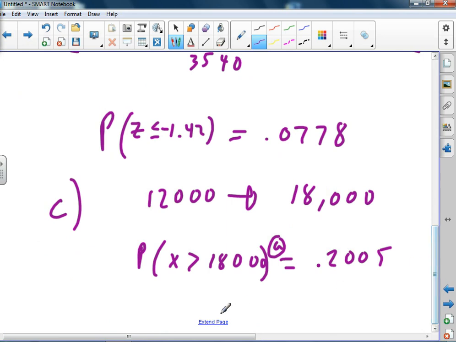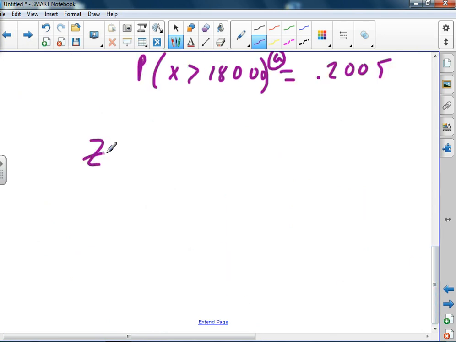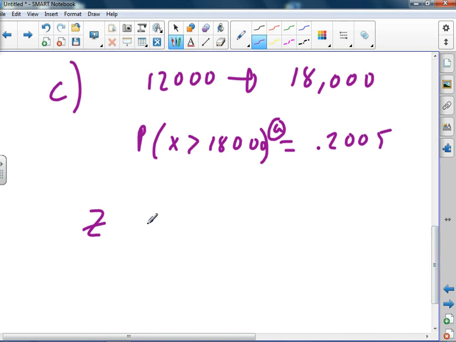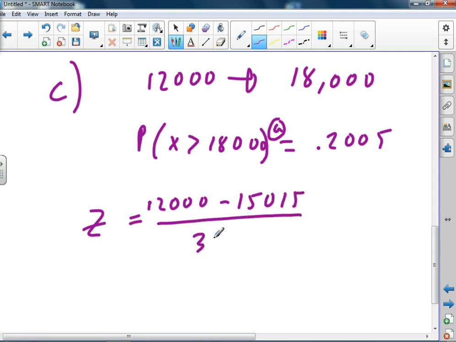So now we need the Z value for 12,000. So that would be 12,000 minus 15,015 divided by 3540. Did I get it right that time?